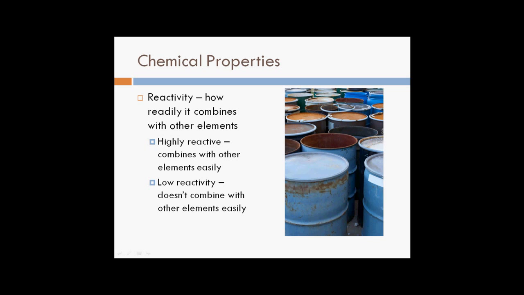These are going to be your things like gold. They're going to be things like lead. Things that just, they're happy the way they are. They don't feel like messing around with other things. And we will get into this a lot more when we get to the periodic table because we can actually classify elements based on their properties. So let's go through a few examples and figure out whether they are physical or chemical.